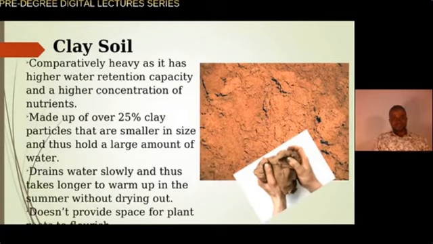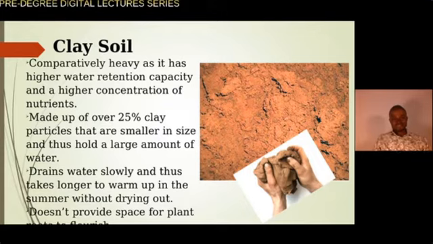We have clay soil. This kind of soil is comparatively heavy as it has higher water retention capacity and a higher concentration of nutrients. Of course, clay soil is richer in nutrients than the sandy soil we have seen earlier.